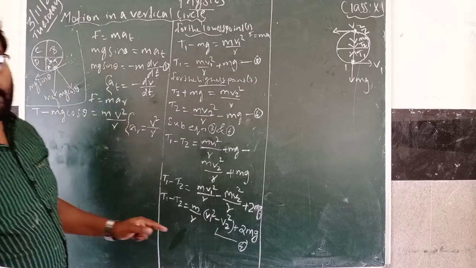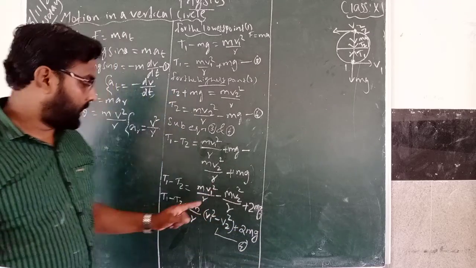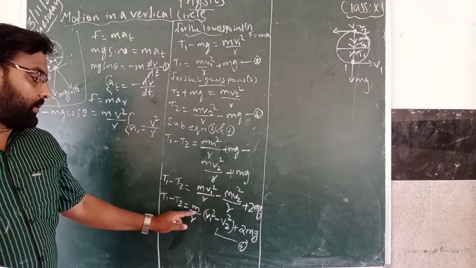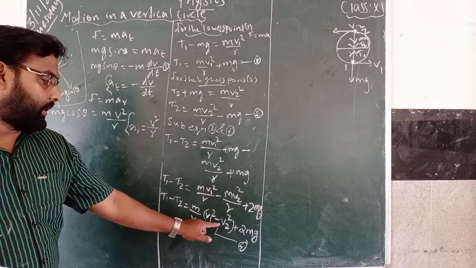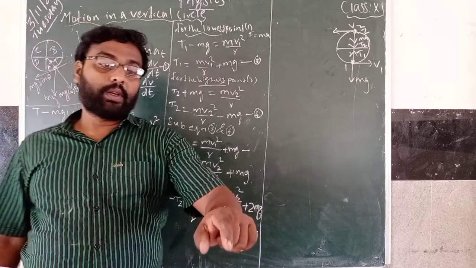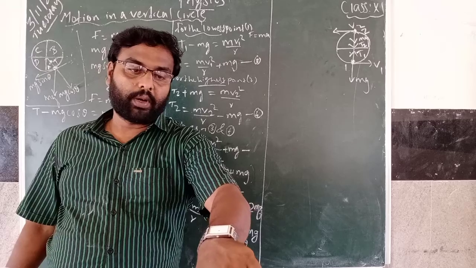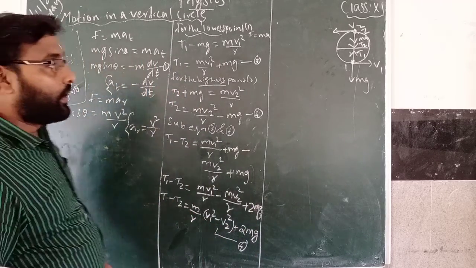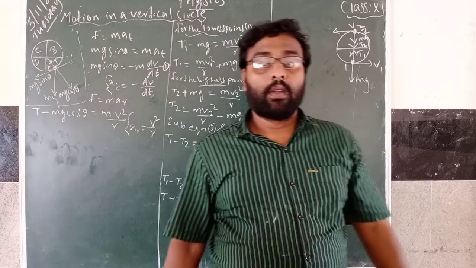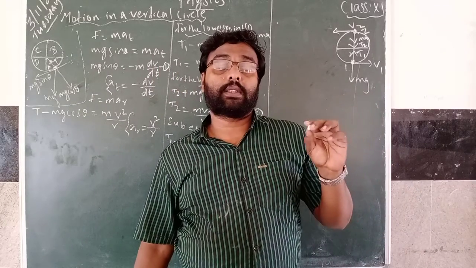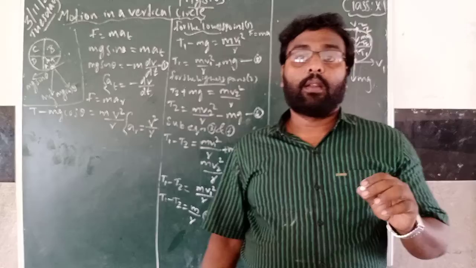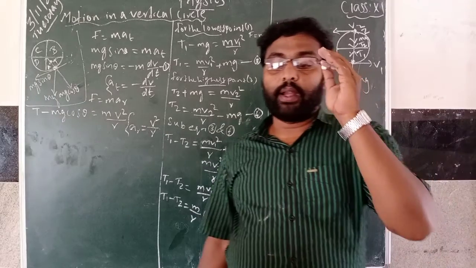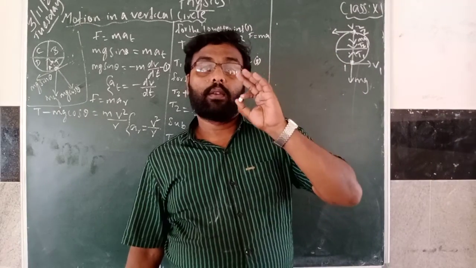T1 minus T2 is equal to m by r, v1 square minus v2 square plus 2 mg. You can see equation number 4.